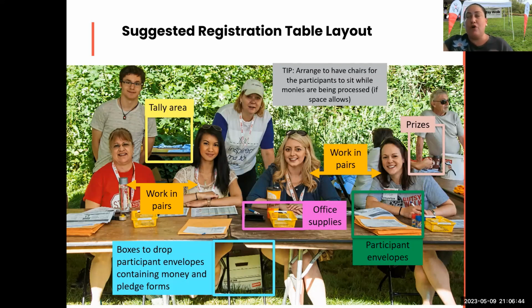This is what you use for offline donations only. And then we always say that the registration volunteers should work in pairs. One person will be the money counter and the other person will be the info checker. Whenever handling money, the volunteers always have to work in pairs.